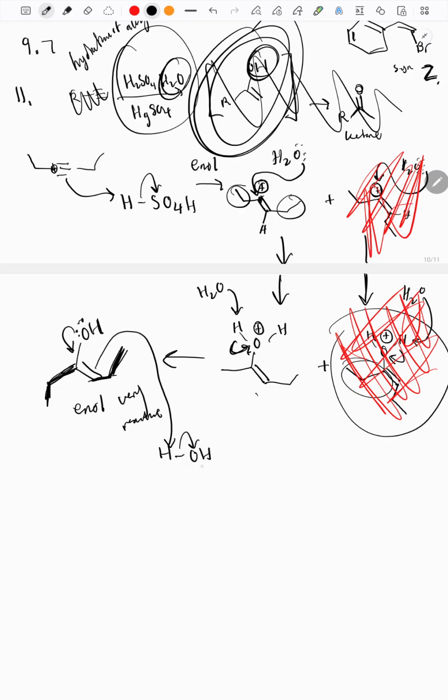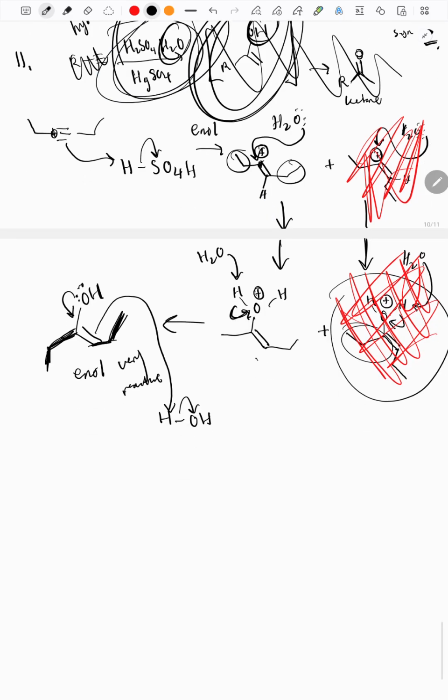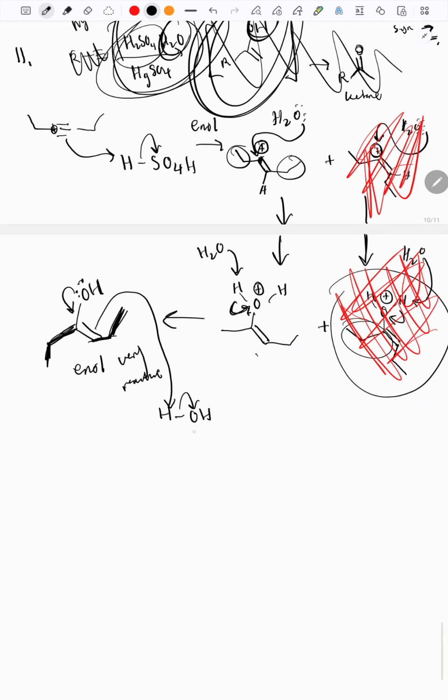Hydronium ions are made because we have excess water and sulfuric acid, and when those two are in the mixture, you get hydronium ions as well, which is another strong acid. So you could use sulfuric acid or hydronium ions, which neutralize that into water.